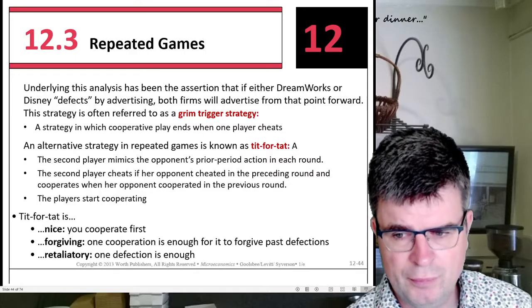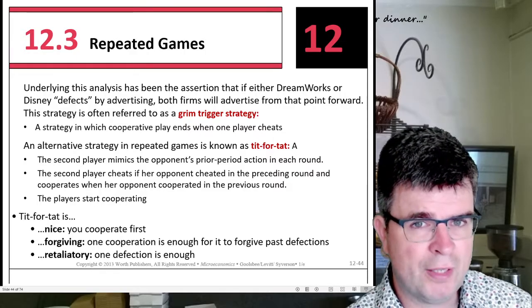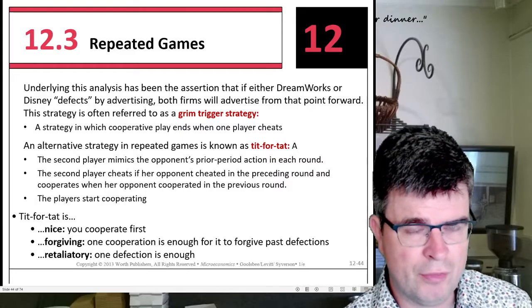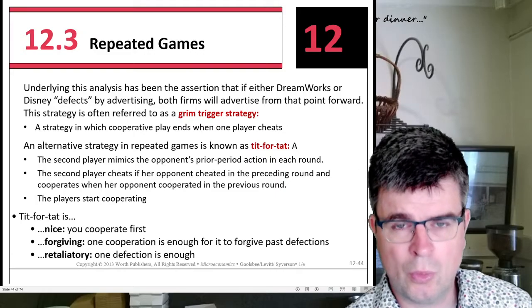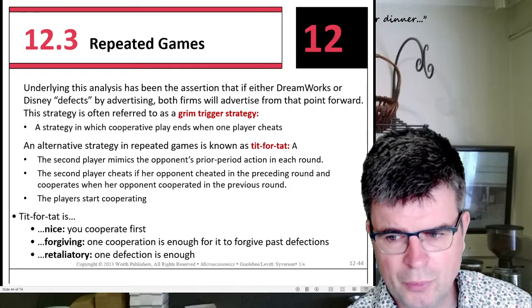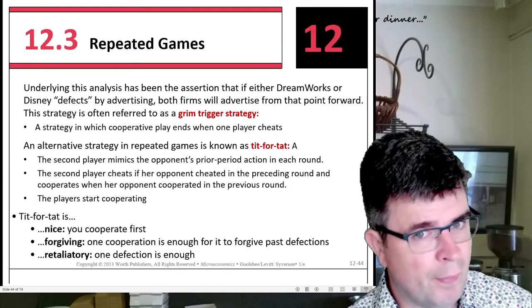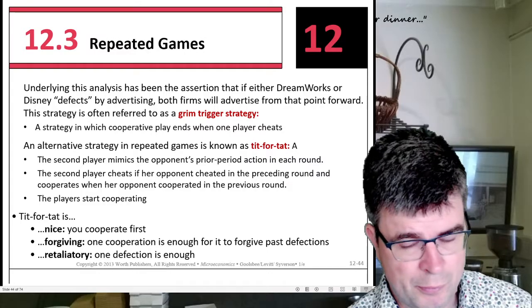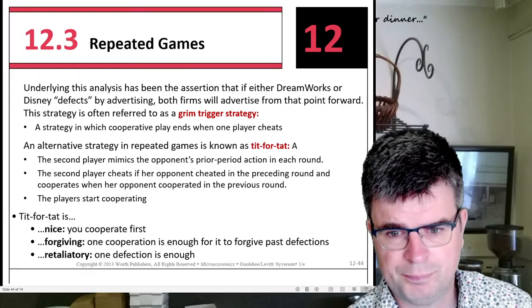It is forgiving because past defections are forgiven once the player shows cooperative behavior again. And there's also retaliation because if you defect, then your opponent will retaliate by also defecting in the next period.